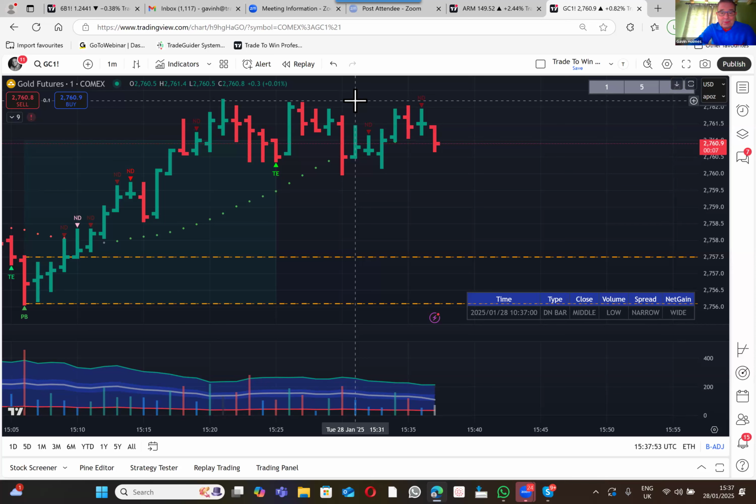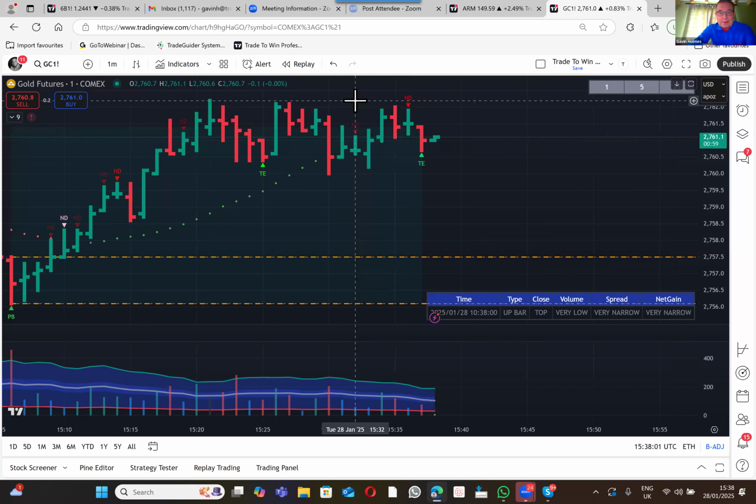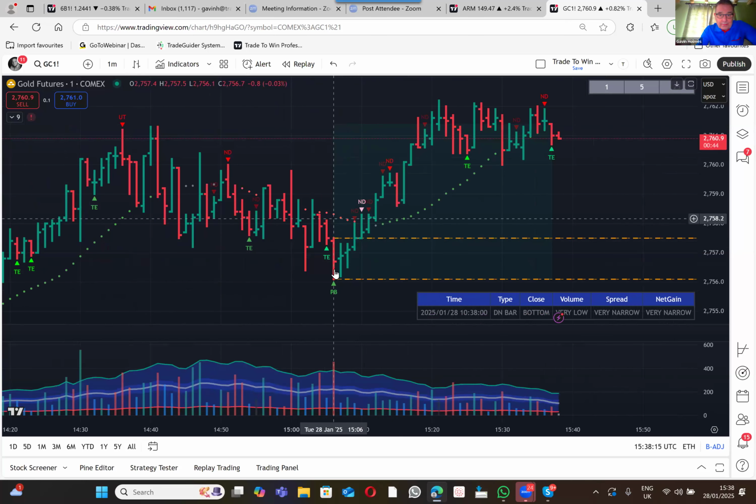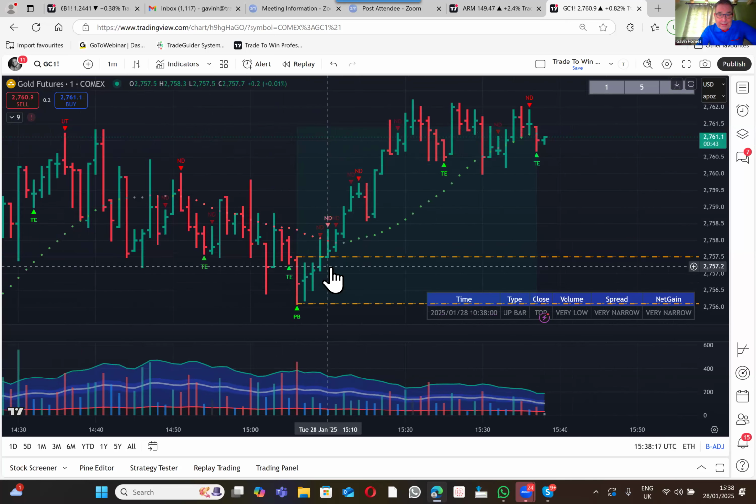It's moved up and then it's moved sideways. It's not moved down, but it's definitely moved up, but very slowly. And there's a test, you see. This is what happens, and this is why the markets work the way they do. In SMI, it picked up the bottom perfectly. In my other screen, you've got the buyers here.